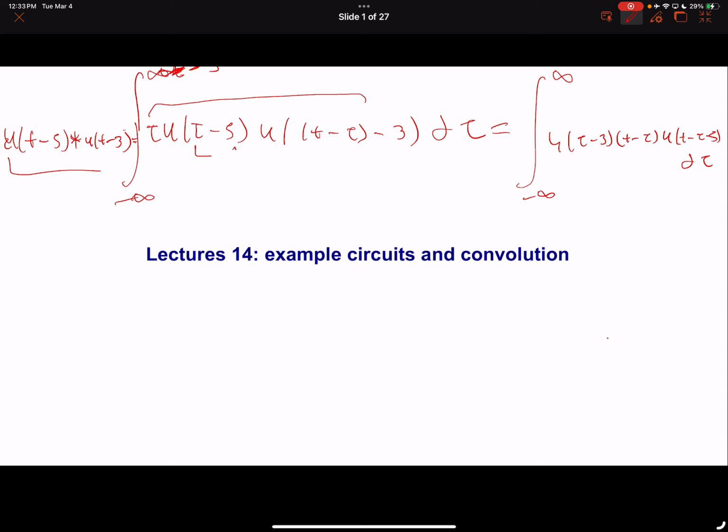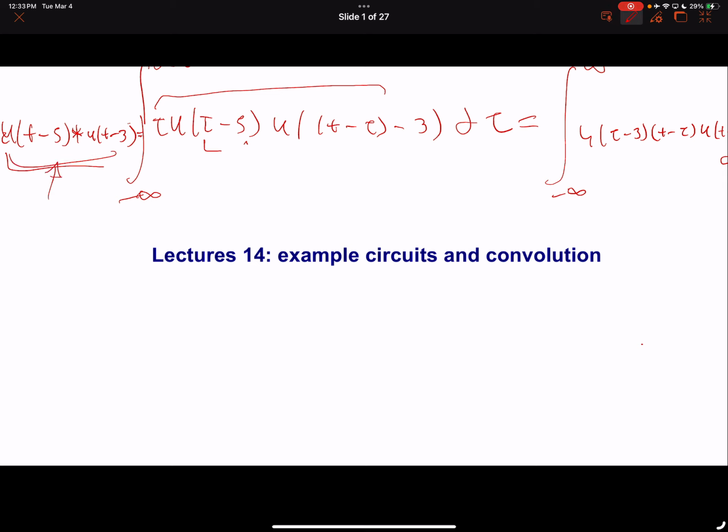So basically this convolution is the same: t u(t - 5) convolved with u(t - 3) is equal to u(t - 3) convolved with t u(t - 5).